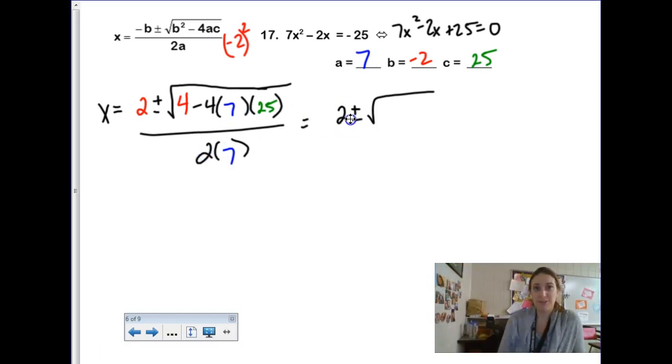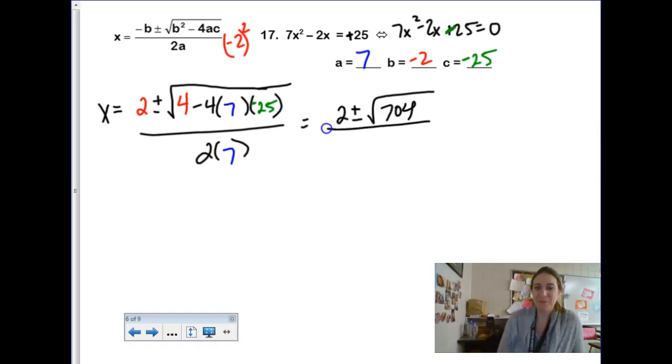Because right now, this question is going to come out with an i in the answer. You don't know what an i is yet because we haven't learned that lesson, so I apologize. Probably what's going to happen, and I'm going to change it now. So I'm going to make this a positive 25 in the original problem, which means I'm going to make this a negative 25 right here. Sorry about that. Alright, so that's now positive 704. That did not turn out nice.